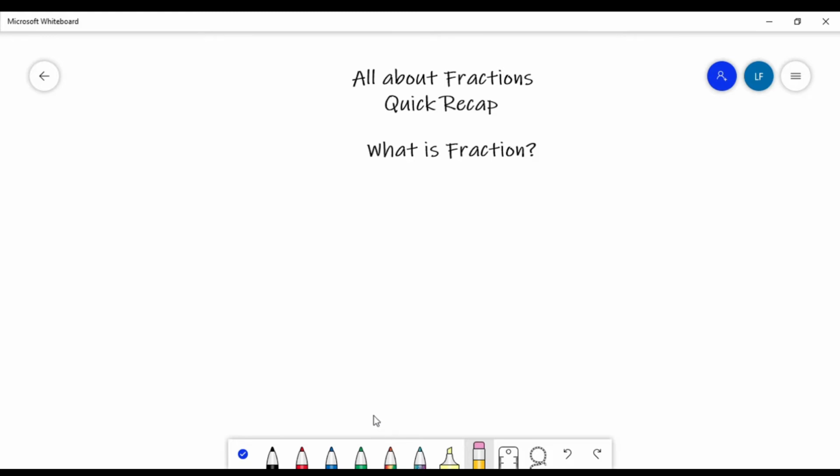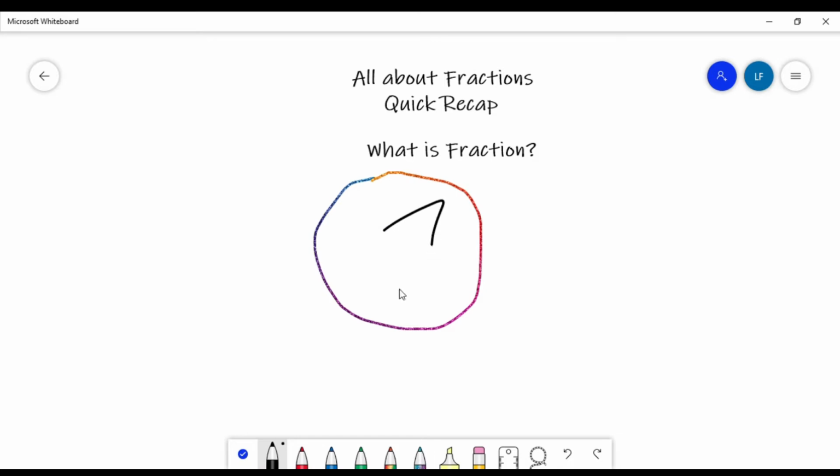So now, what are fractions? Well, a fraction is the number of parts in a whole. Let us imagine this. Let's take a pie. In this pie, this is one pie, or one.